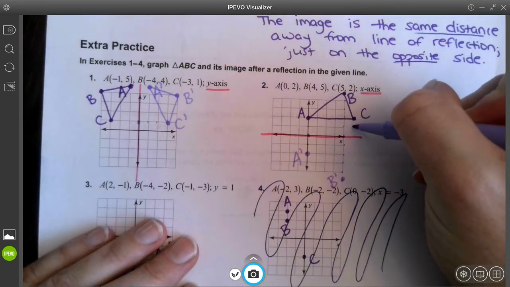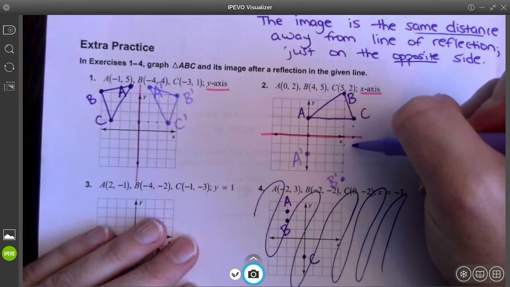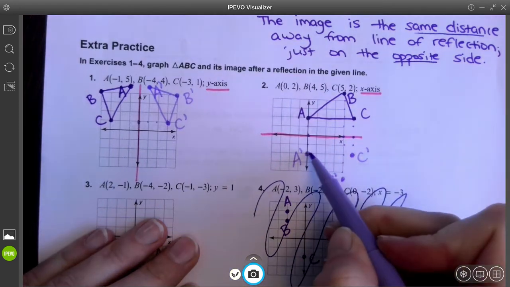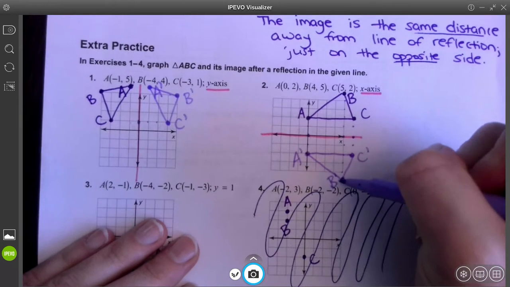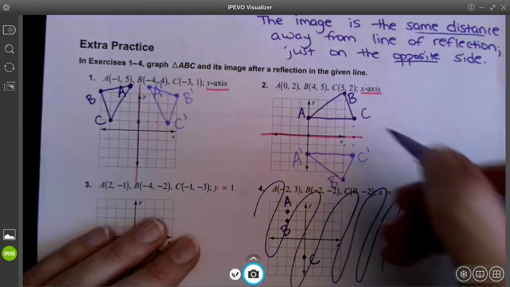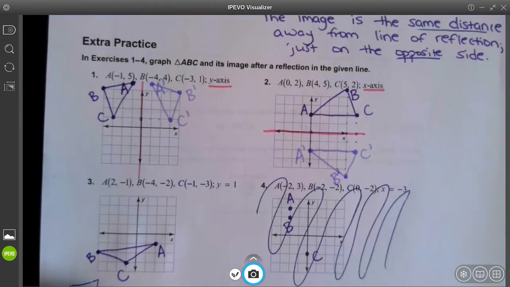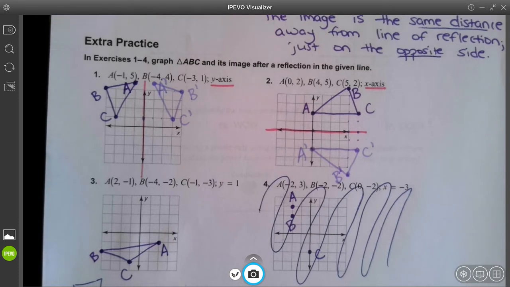Point C is 2 units above the line of reflection. So C prime will be 2 units below. Make sure you have your labels.